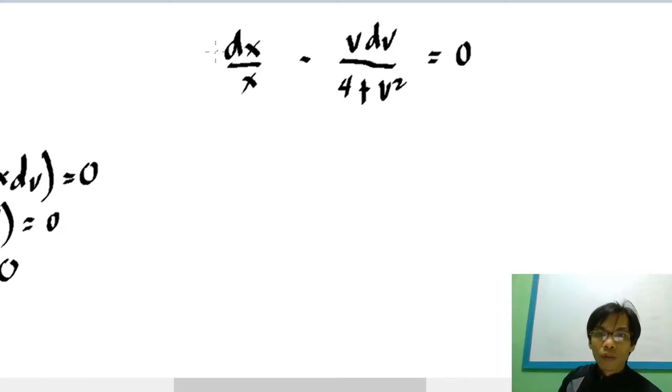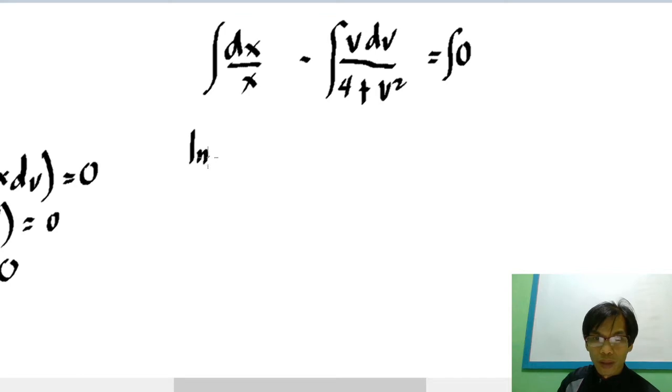Now, we'll try to integrate these terms. So dx over x, we have here ln of x minus the integral of v dv over 4 plus v squared. If we put 4 plus v squared as our u, what is our derivative?